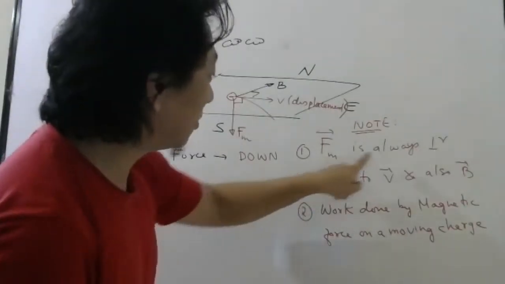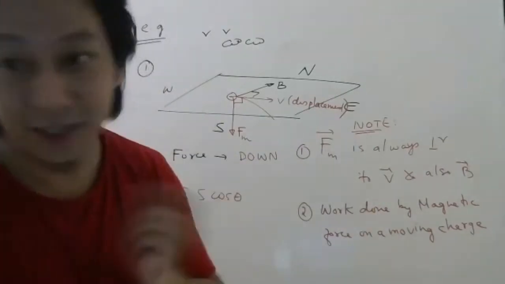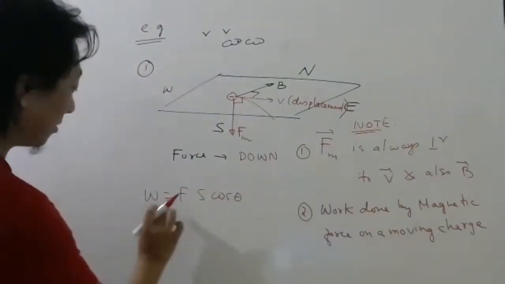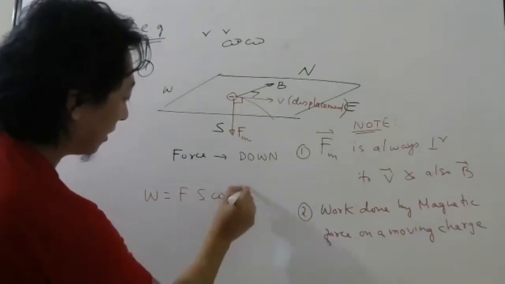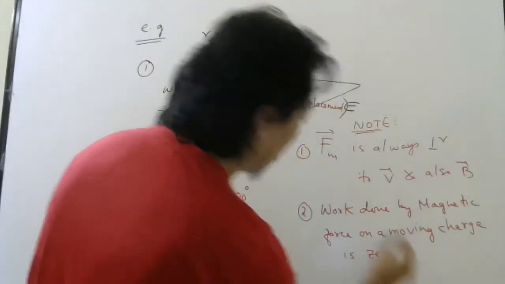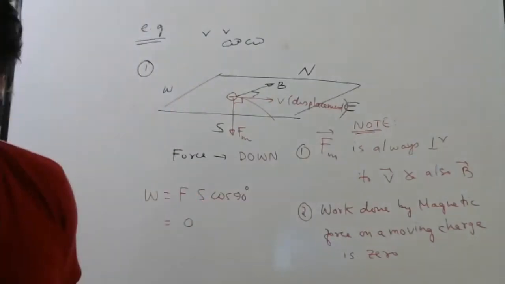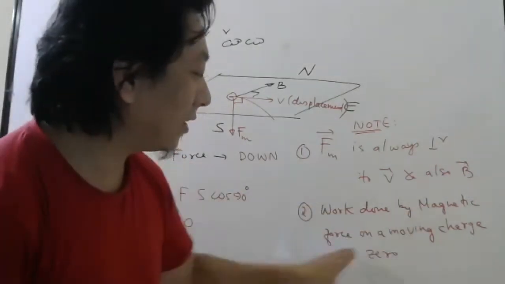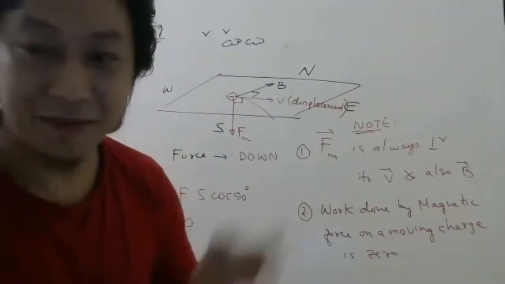Since magnetic force is always perpendicular to velocity, it is perpendicular to displacement also. So since force and displacement are perpendicular, work done will be zero. So one more question. What is the work done by magnetic force on a moving charge? Answer is zero.